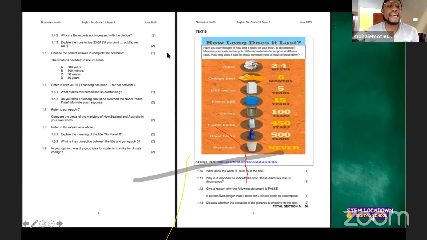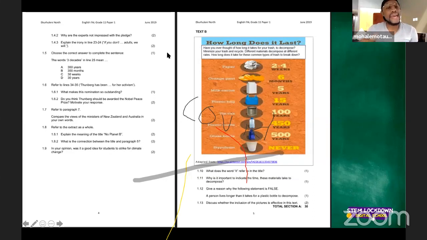If it says, explain the meaning of No Planet B, we do know that when someone says, what is your plan B? So we have plan A, we have plan B. When someone says, what is your plan B? This is when someone simply means, what is your plan if plan A doesn't work?